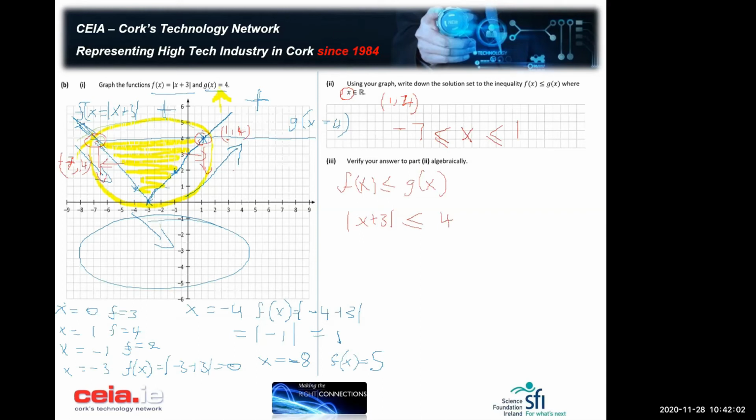Now, how do we balance this equation? Well, because of the modulus, it becomes complicated. If we square both sides, it takes away the effect of the modulus. For instance, if we have a -3 by a -3, if they're multiplied together, we'll get +9.